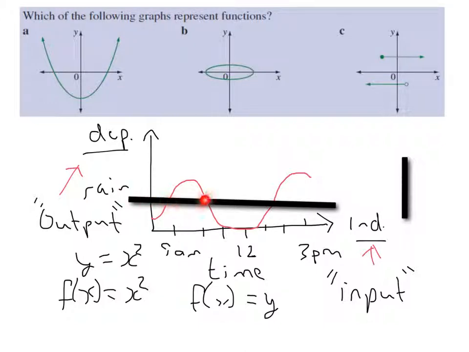It's okay to have it for different times. However, if I was to have a second point like this, without any explanation, we would have a problem. If I put in the independent variable for 9 a.m., I'd get two dependent or output values, and that's just not right, and it would cease to be a function.